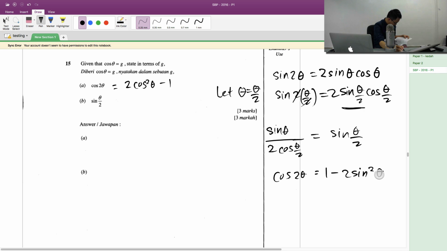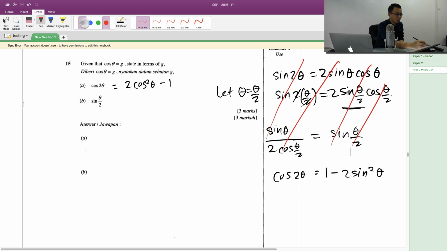We use this second formula, because we don't have any information about cosine, so it doesn't make sense to use the cos form.